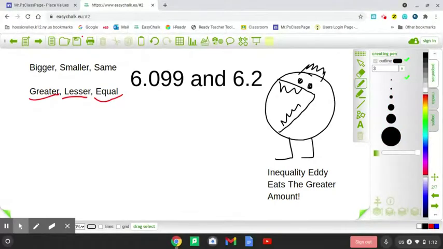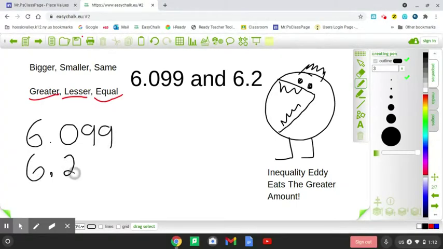To help us to see if a number is bigger than another number, we like to stack them by their place values. That way we can investigate the numbers close together and by their place values. Now I see that our two numbers have different size parts.